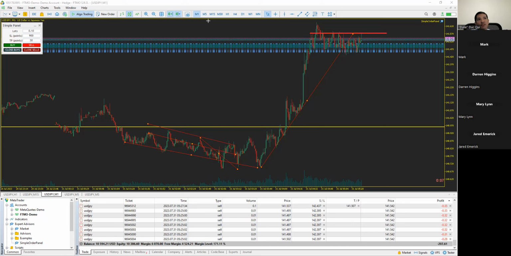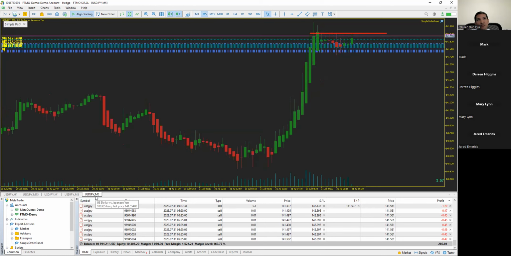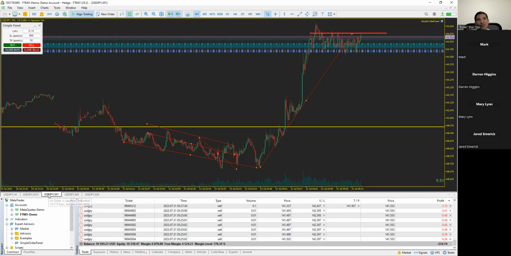So this is a good sign right there with the wick down. So I give it one hold, and it's beginning to lose on sells. So 3.6 and I close.